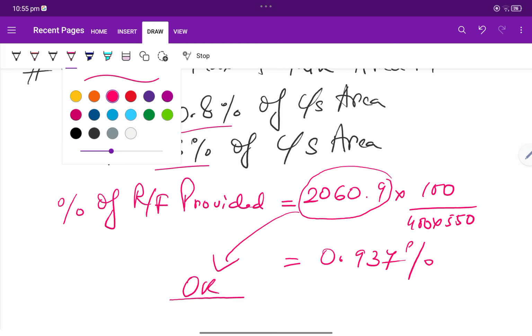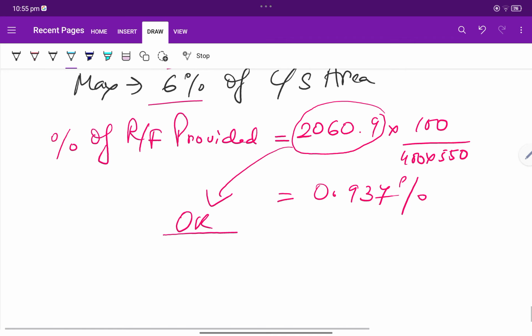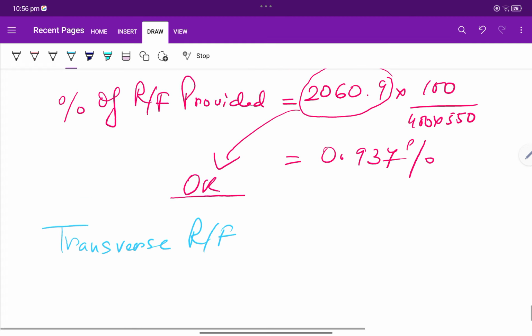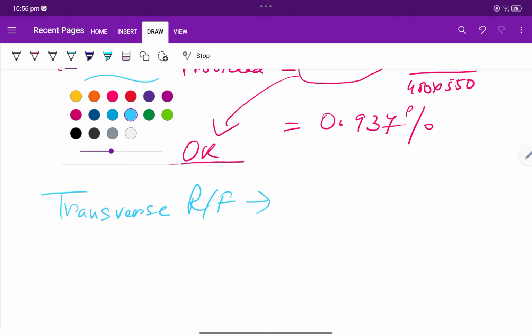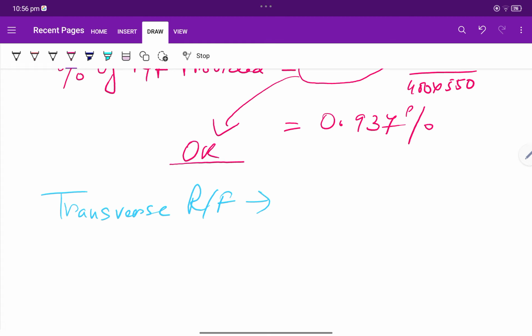Okay, so the next step is that we have to design our lateral ties, or the transverse reinforcement. First we have to fix the dia, and then we have to fix our spacing.